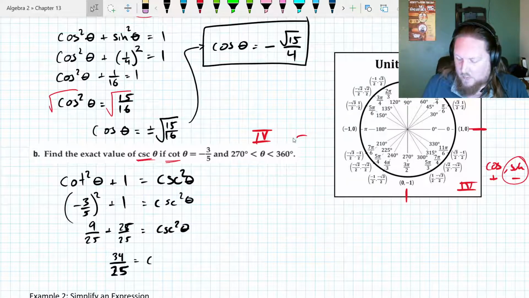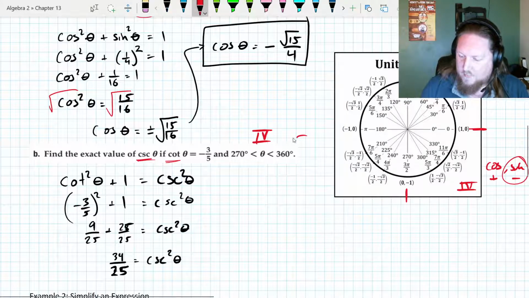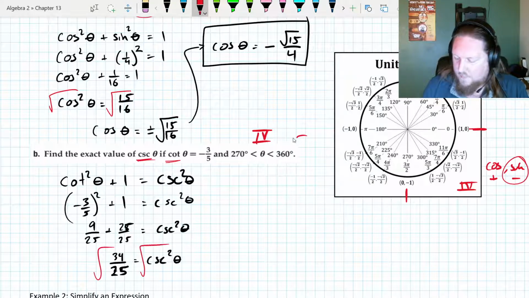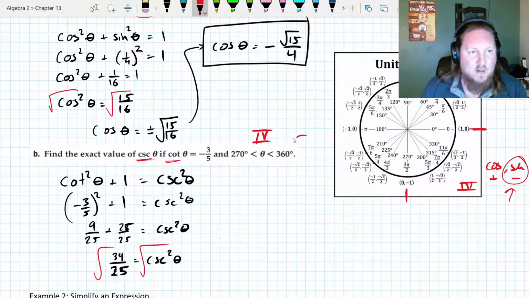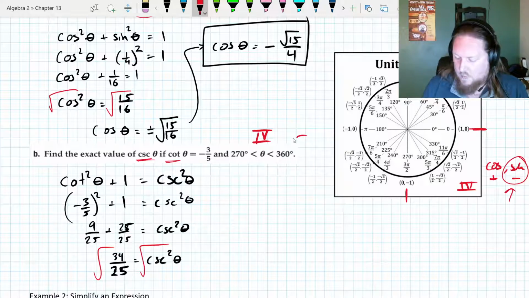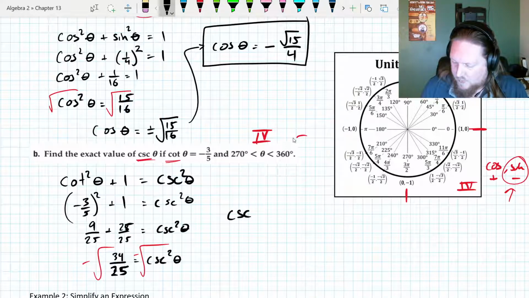And that is cosecant squared. Of course, I'm going to take the square root of both sides. And we already talked about cosecant being related to sine, and it's negative in the fourth quadrant. So I'm going to take the negative version of this square root, and I end up with cosecant of theta equals negative root 34 over 25.